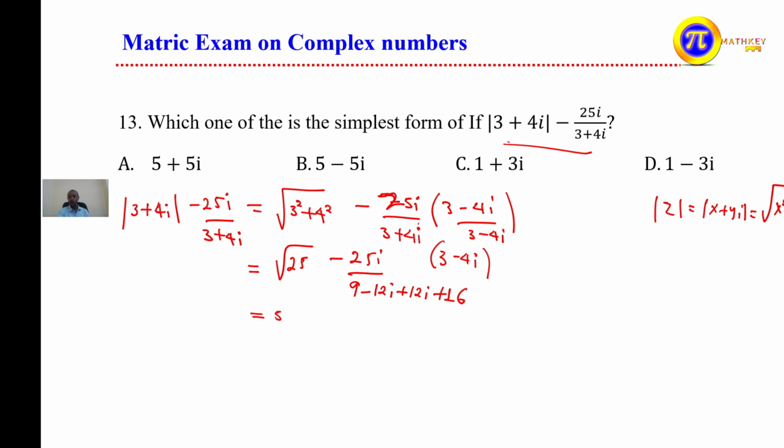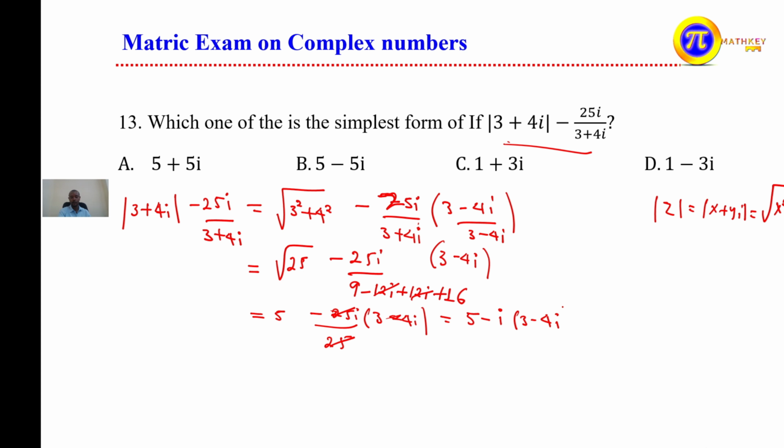The square root of 25 is 5. Minus 25i divided by 9 plus 16, that is 25. This cancels this one. Here we have remaining 25 times 3 minus 4i, so equal to 5, we cancel 25 by 25, i times 3 minus 4i.